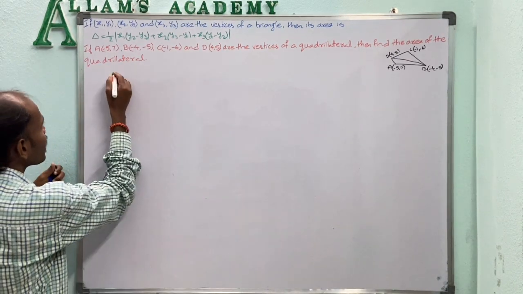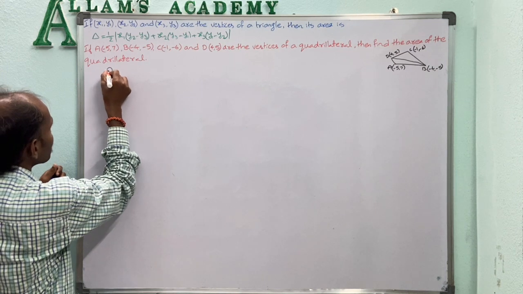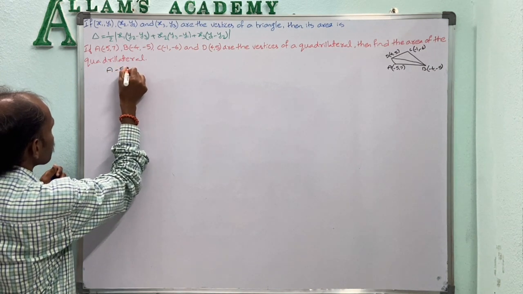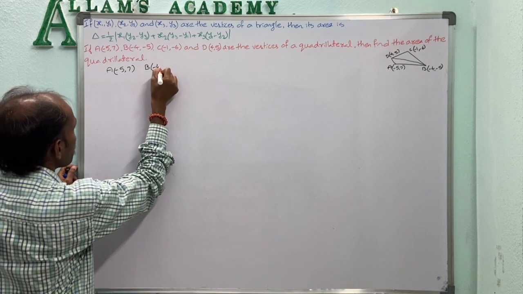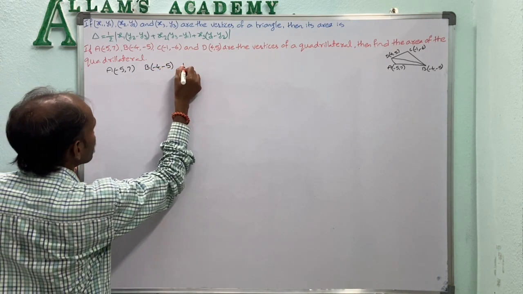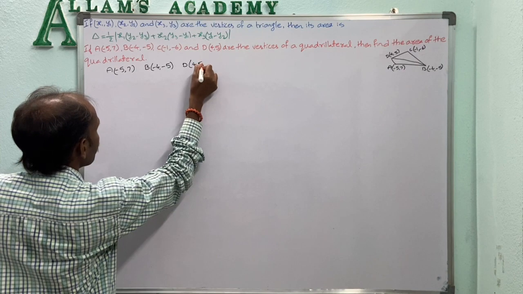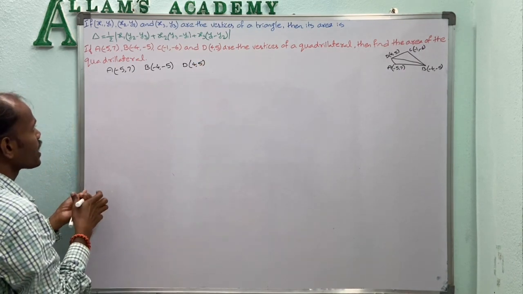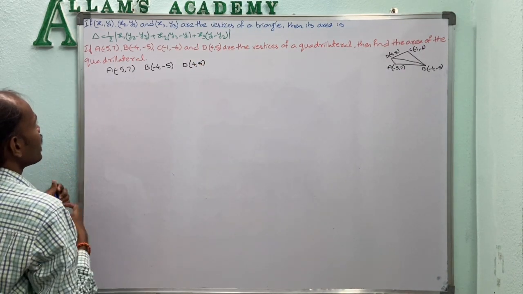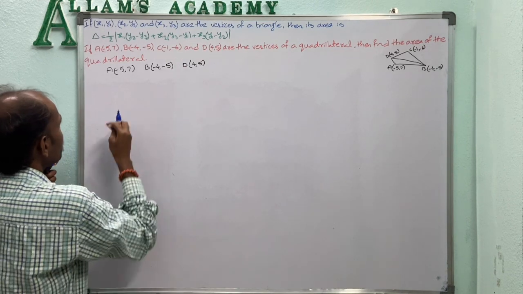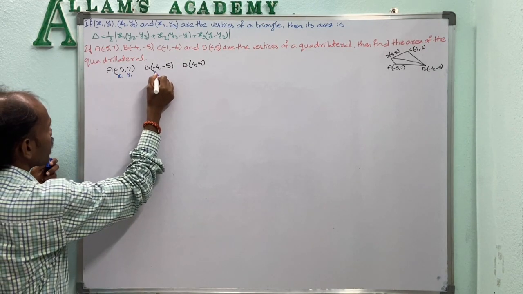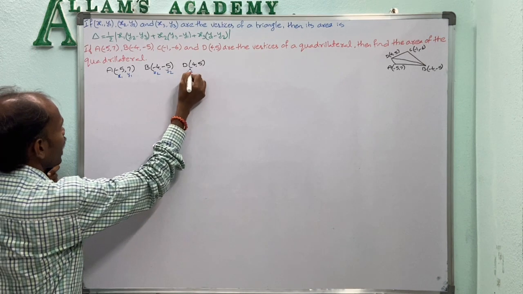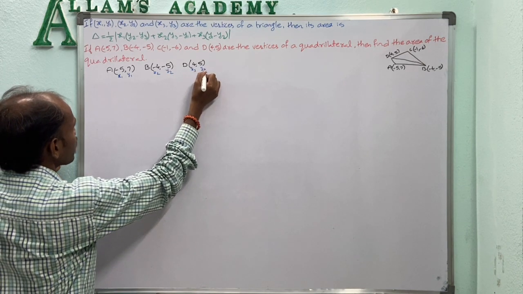First one is triangle ABD. So A(-5, 7), B(-4, -5) and D(4, 5). Here (-5, 7) are the x1, y1 coordinates, (-4, -5) are the x2, y2 coordinates, and (4, 5) are the x3, y3 coordinates.